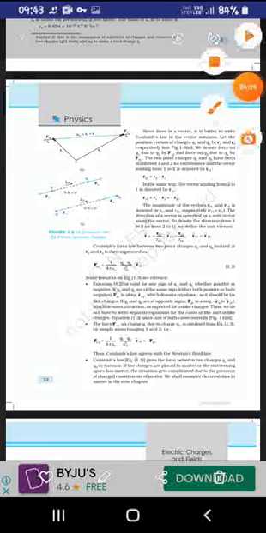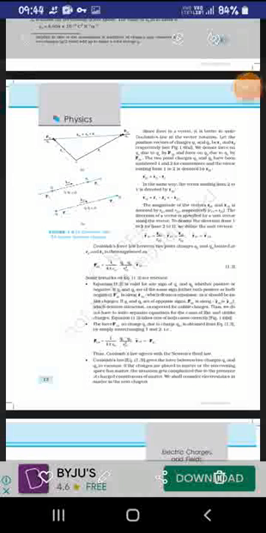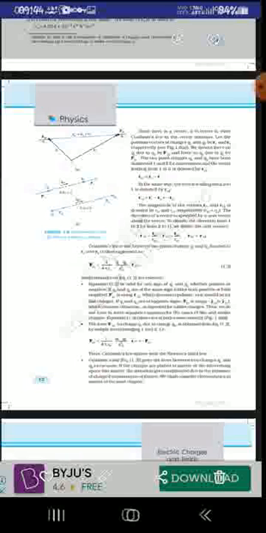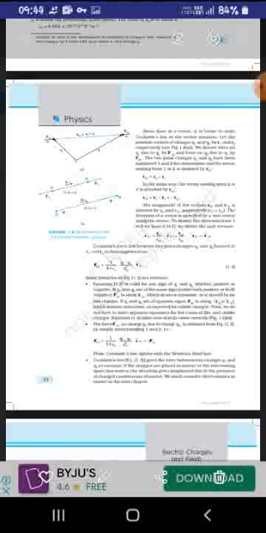The equation is valid for any sign of Q1 and Q2, whether positive or negative. If Q1 and Q2 are of the same sign, then F21 is along r21, which denotes repulsion.